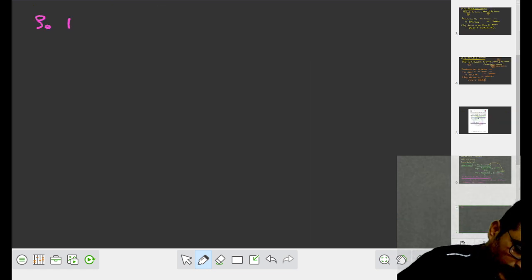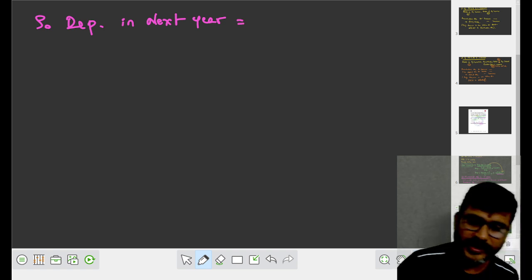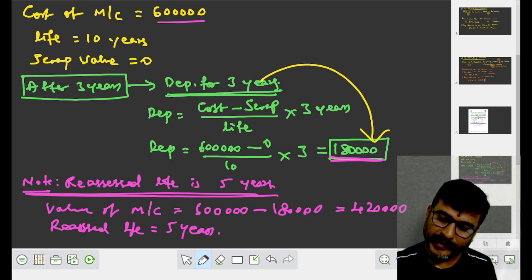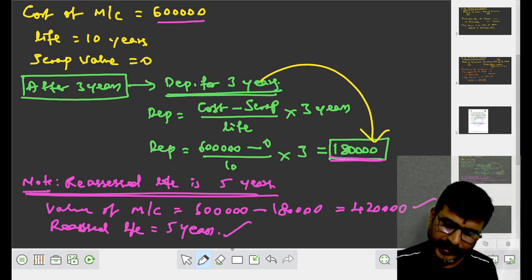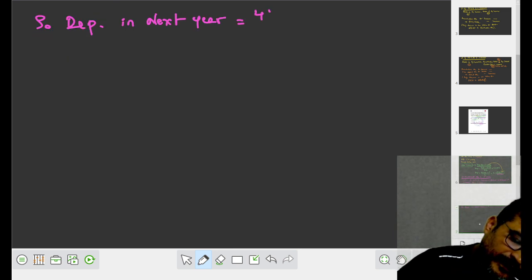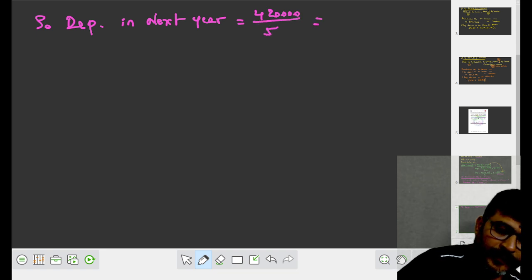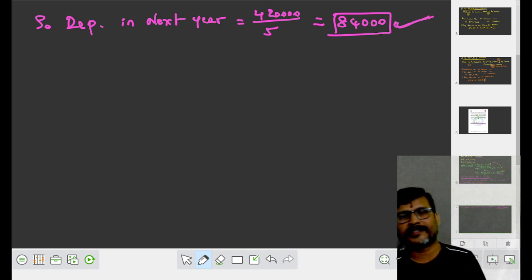So, depreciation in the next year is, very simple, take 4,20,000 divided by 5 years. How much are we getting? It is 84,000. This is the depreciation in the next year.